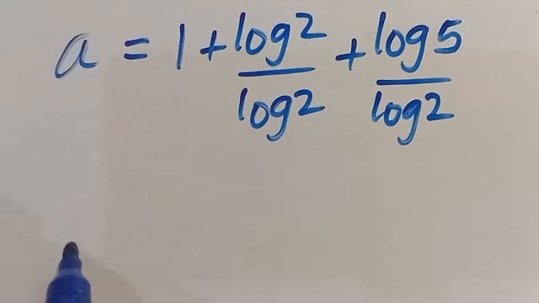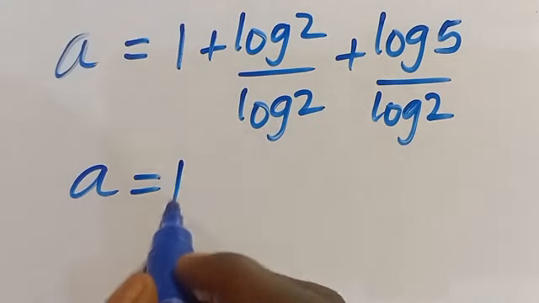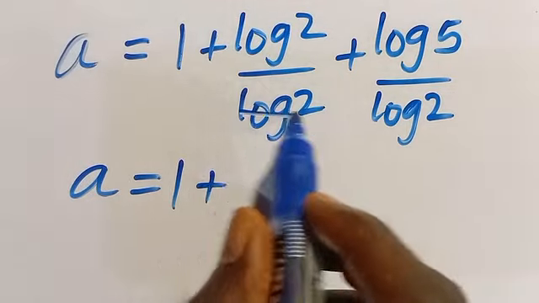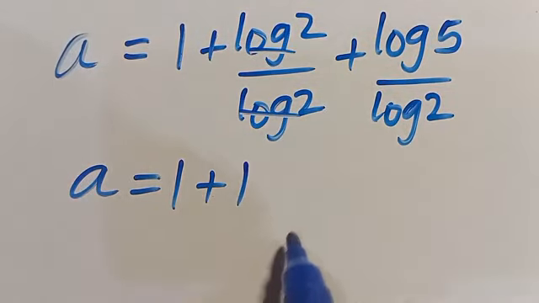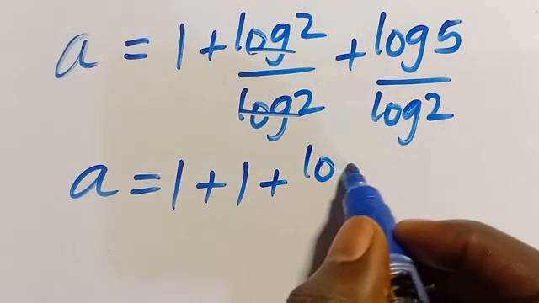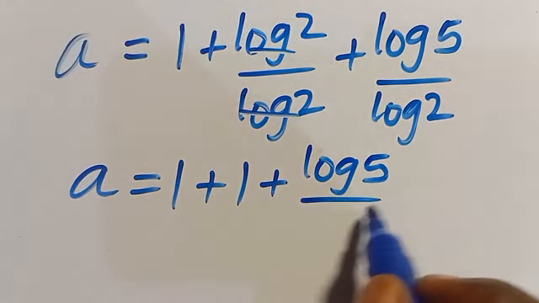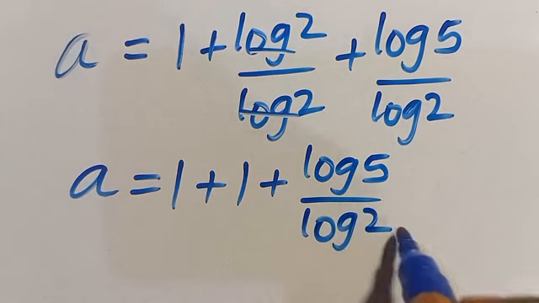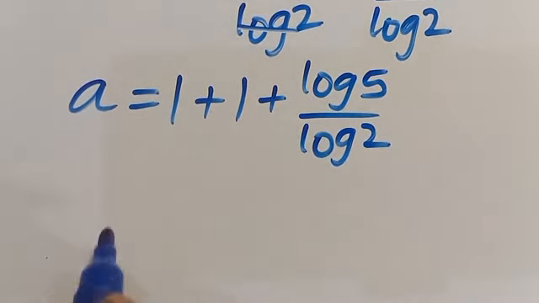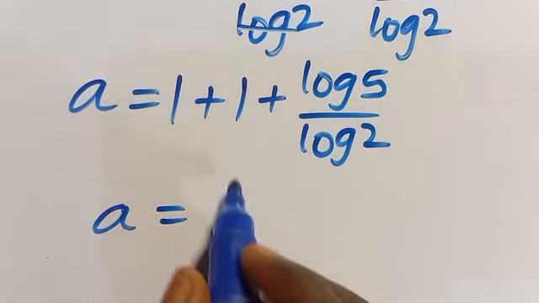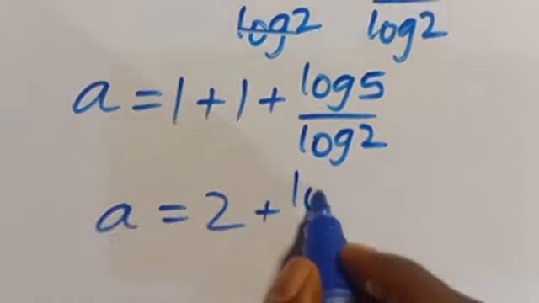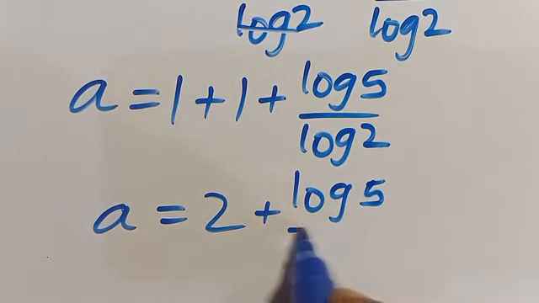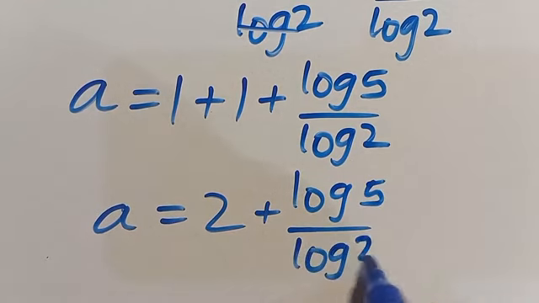So this will give us a equals 1 plus this log 2 divided by this log 2 will give us 1, plus log 5 divided by this log 2. We have a equals 1 plus 1 will give us 2 plus log 5 divided by log 2.